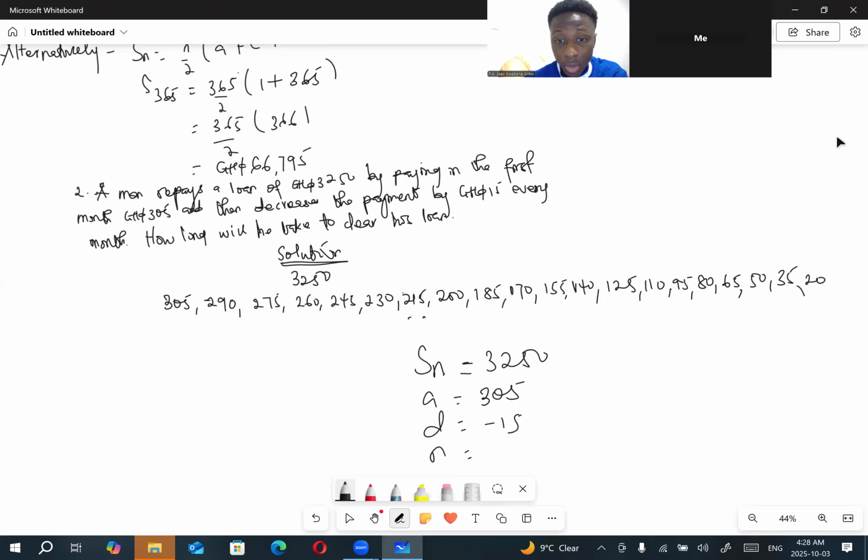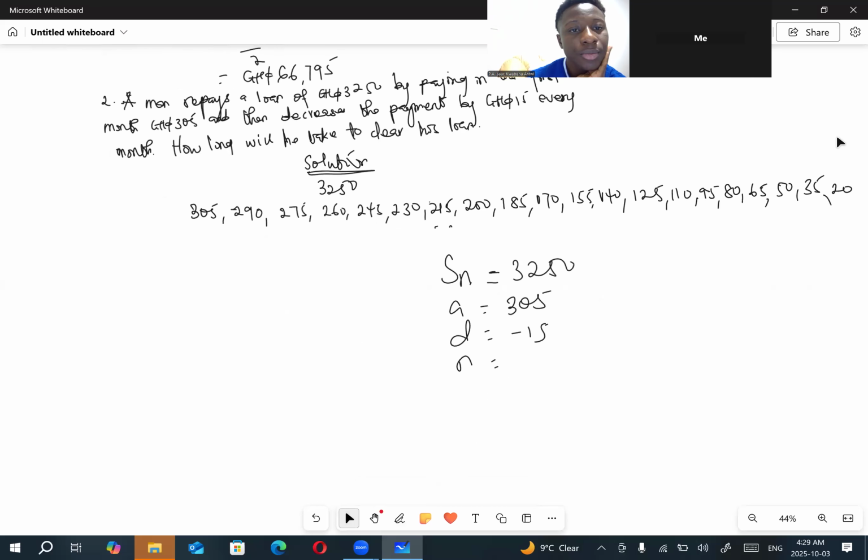So clearly, with the variables, 20 will be what? The nth term? Sorry, if we say the nth term, we are getting it wrongly. 20 is the number of terms. Do you understand? Number of terms.